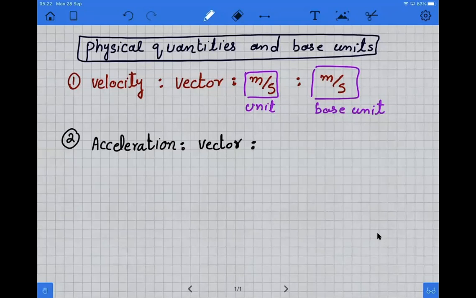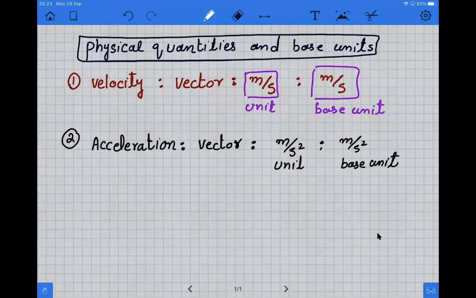Its unit is meter per second square, and its base unit is also meter per second square. So unit of acceleration is meter per second square, and base unit is also meter per second square. This is the second quantity, acceleration.